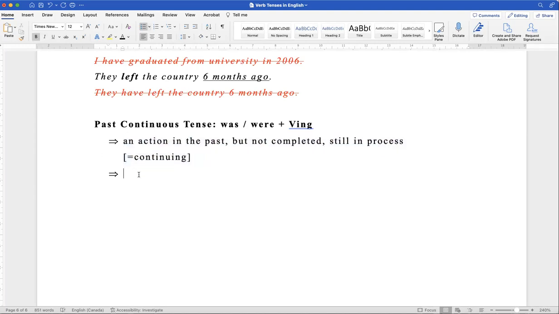Okay. We generally use this when we use when or while, mostly, not always. Mostly used with these words and structures.